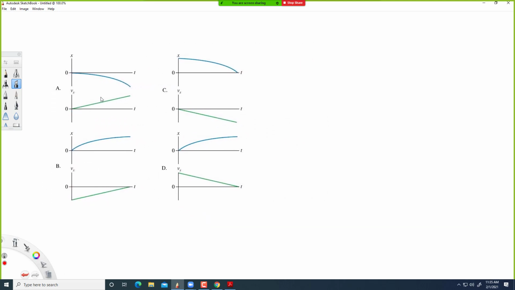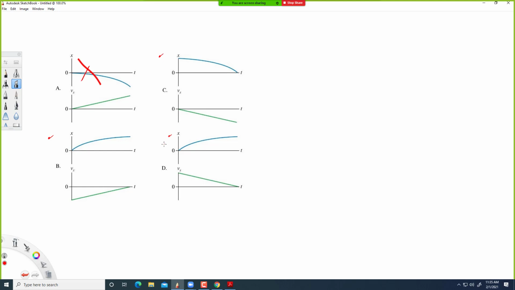This curve is moving down, which means the x value is getting negative as it moves down. This is not right because the car is moving to the right, so it should be positive.